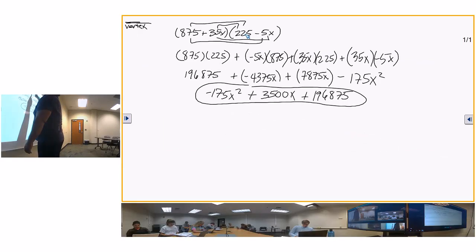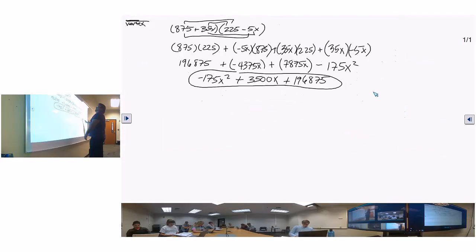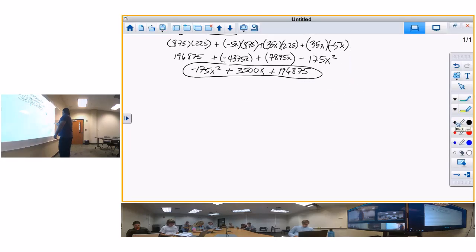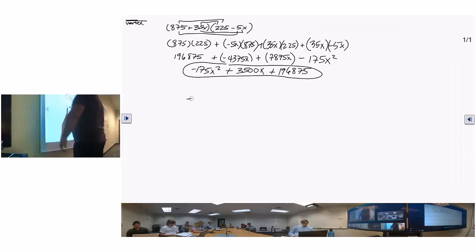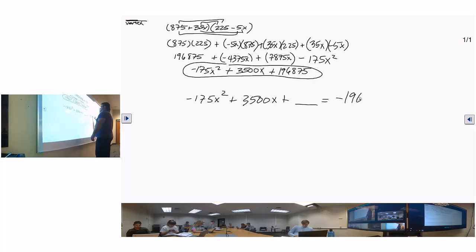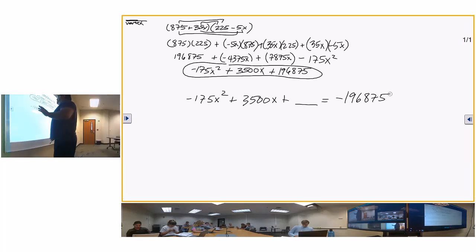Y'all are impressed, aren't you? I've had me some training. All right, so here we go. -175x squared plus 3500x plus blank is equal to -196,875.